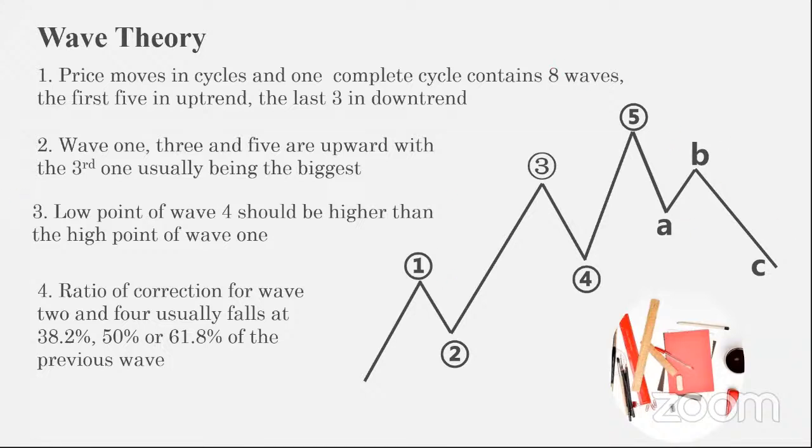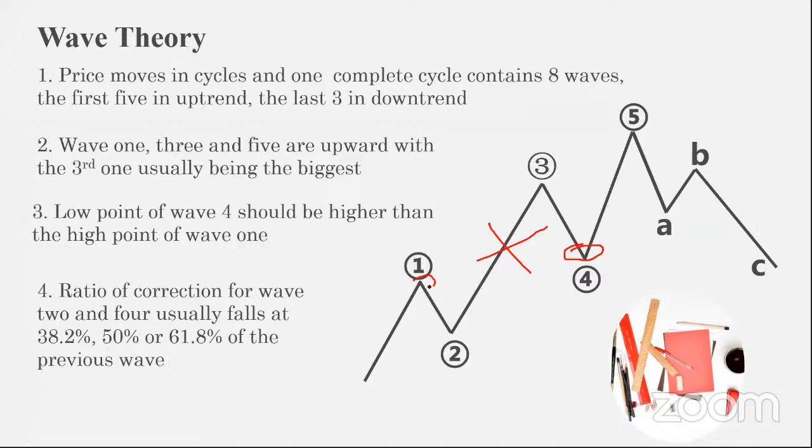And waves 1, 3, 5 are upward, and the third one usually is the biggest wave. And then we usually have the low point of wave 4 be higher than the high point of wave 1.